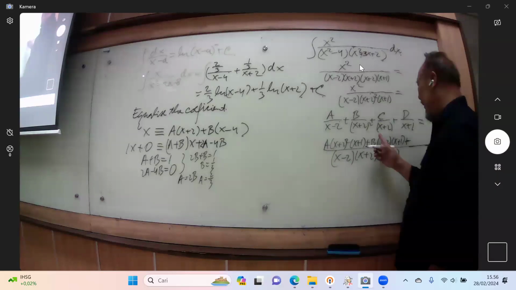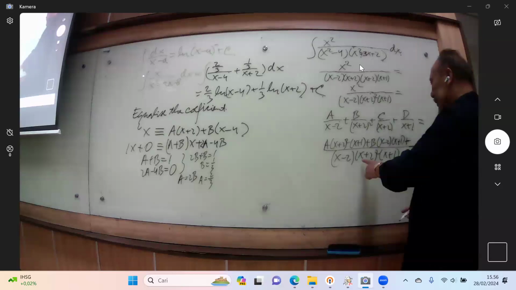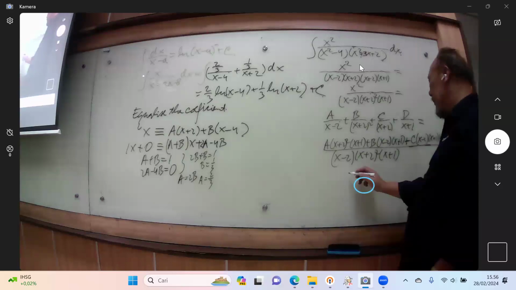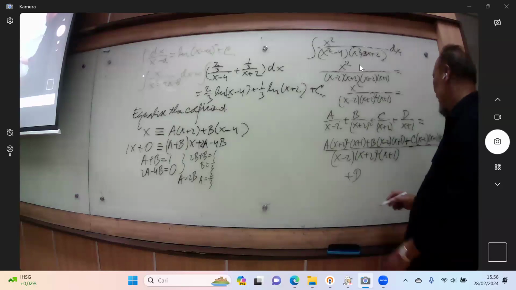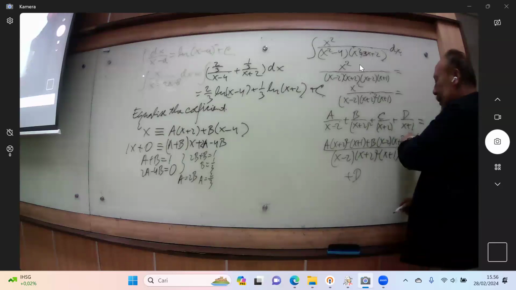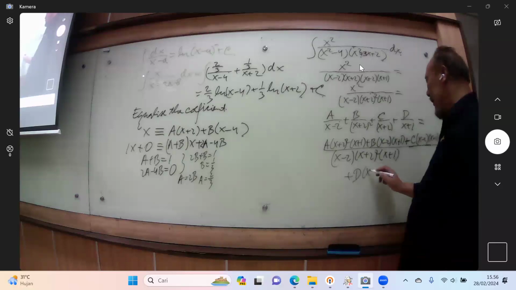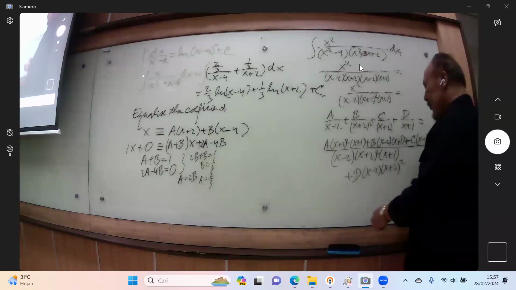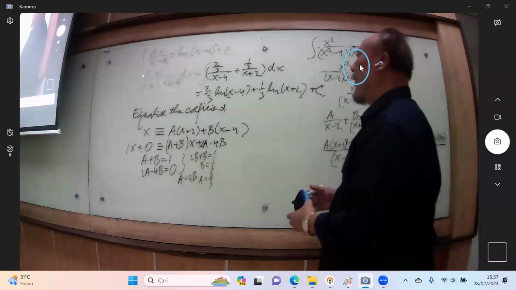C has x plus 2, this is x plus 2 square, so that means C multiply with x minus 2, x plus 2, x plus 1. And plus D. D has x plus 1, so multiply with x minus 2, x plus 2 square. So we have this equation.